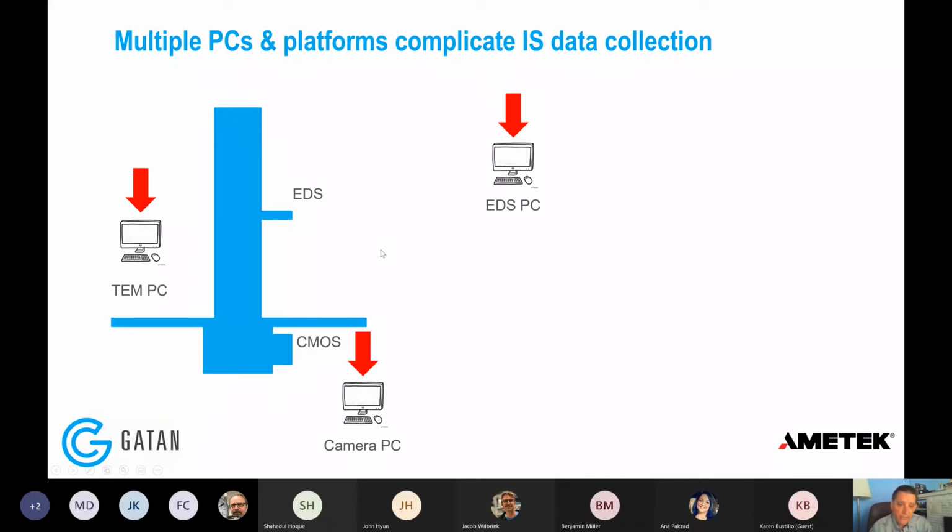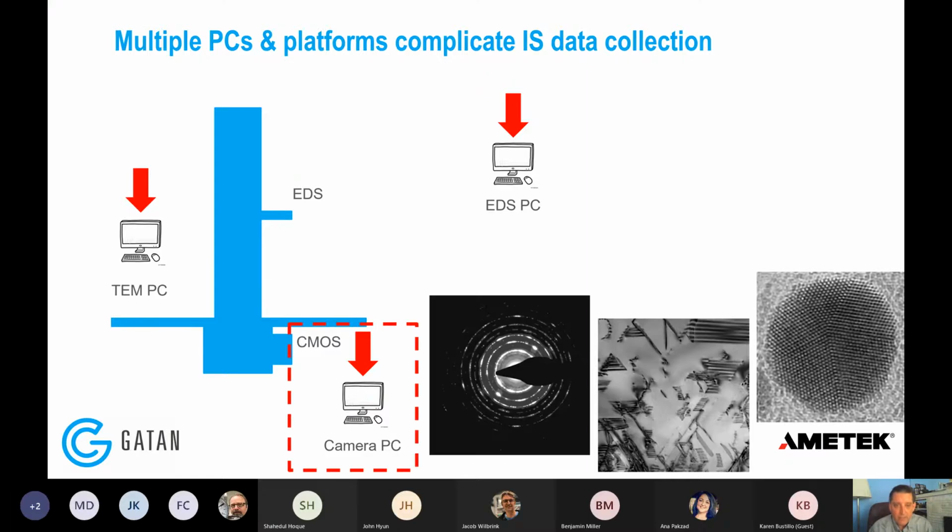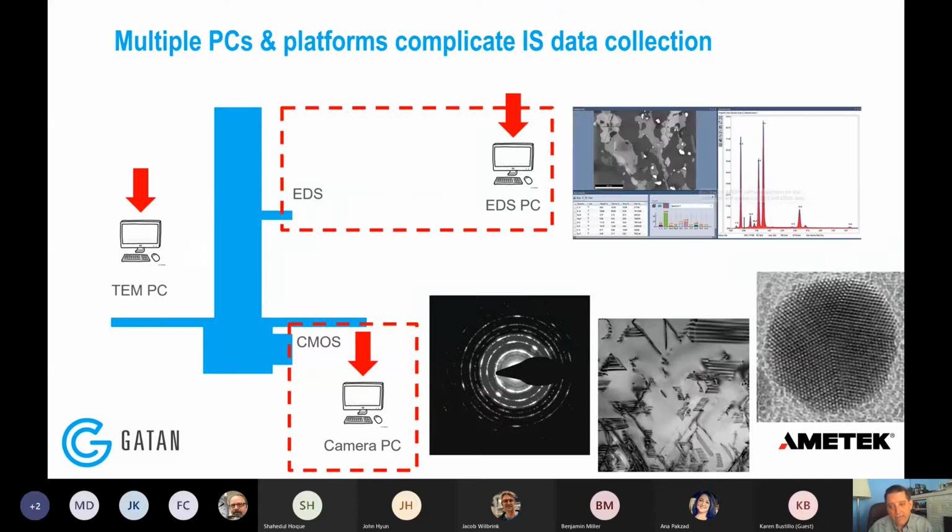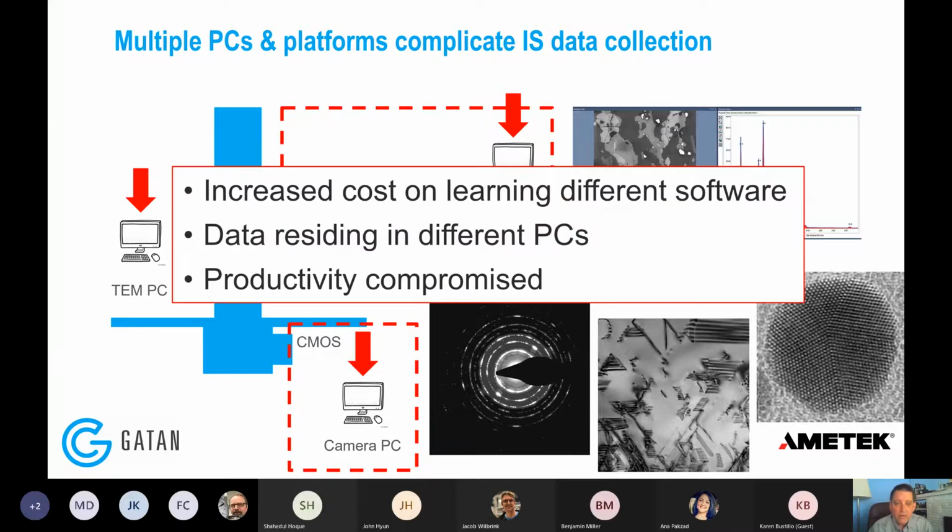Having to synchronize these and then go back and reconstitute the integrated in situ data is a formidable task, to say the least. You might get diffraction, bright field, high-res imaging from the camera, and you want to see what that looks like with EDS or a particular holder.